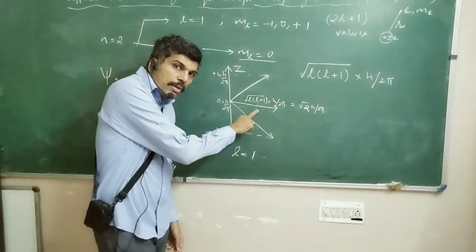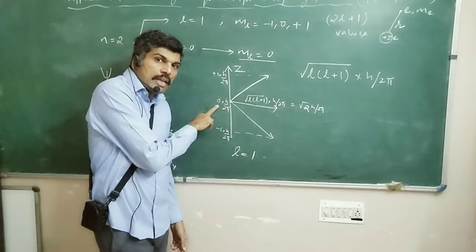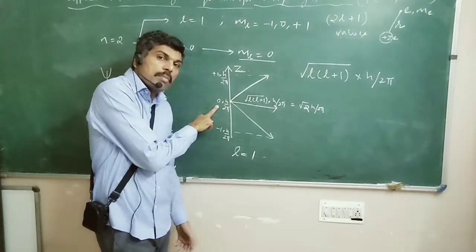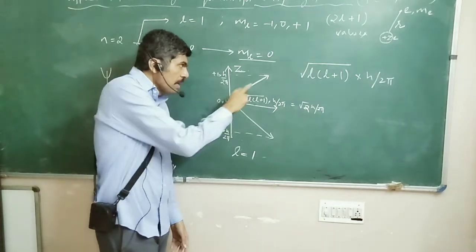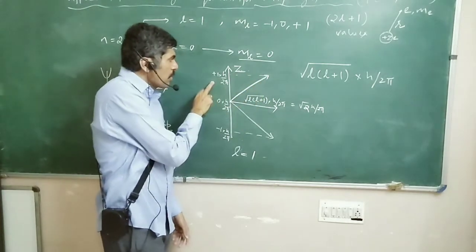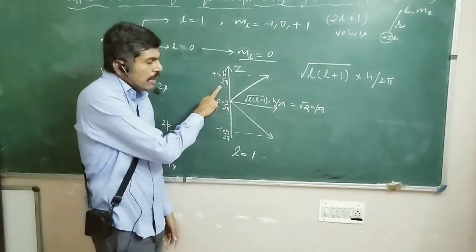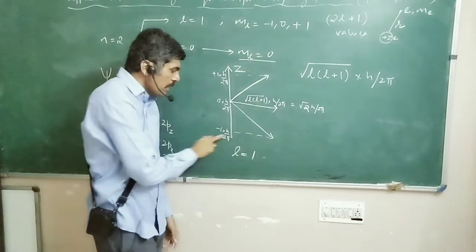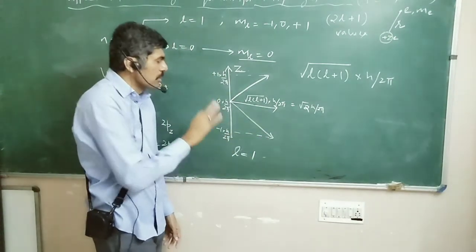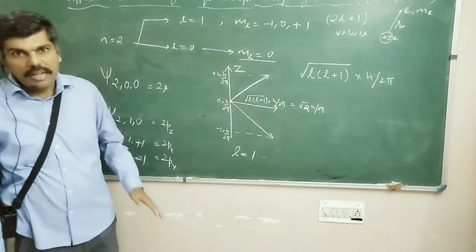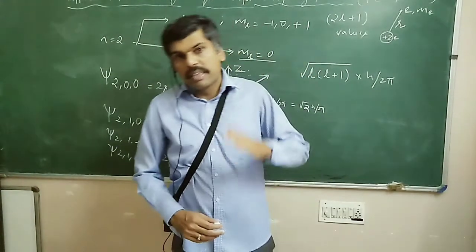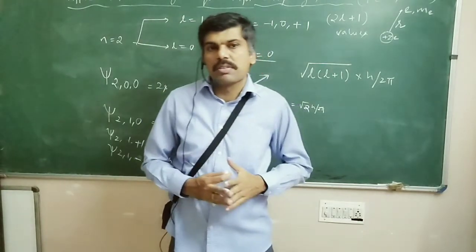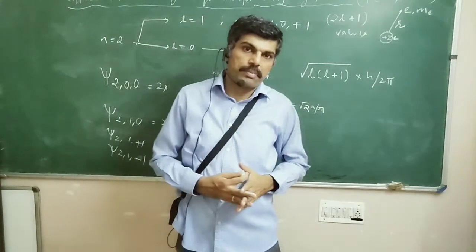When ml equal to 0, the z component of the angular momentum is also 0, which means that there is no z component. And when ml is equal to plus 1, the z component is plus 1 into h by 2 pi, and when ml is equal to minus 1, the z component is minus 1 into h by 2 pi. Clearly, the magnetic quantum number is giving us three possible orientations along the z-axis.